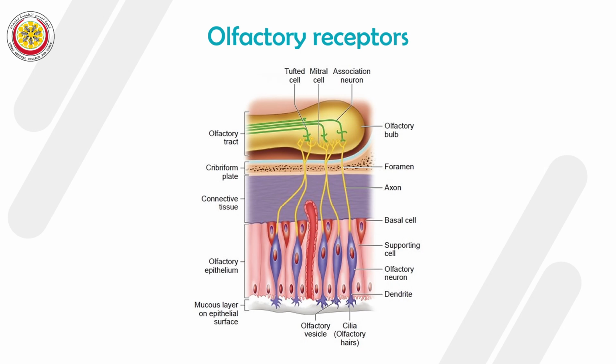Now the second cells. Look at these cells, because when we start discussing the olfactory, I want to go very quickly, because the olfactory has only one neuron doing everything. It is the receptor neuron, it is the first order, it is everything, and it directly goes to the cortex.